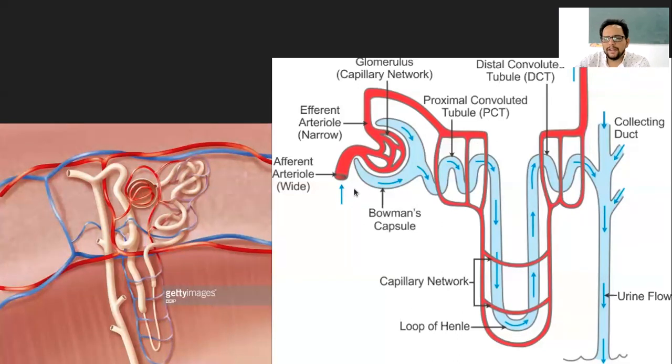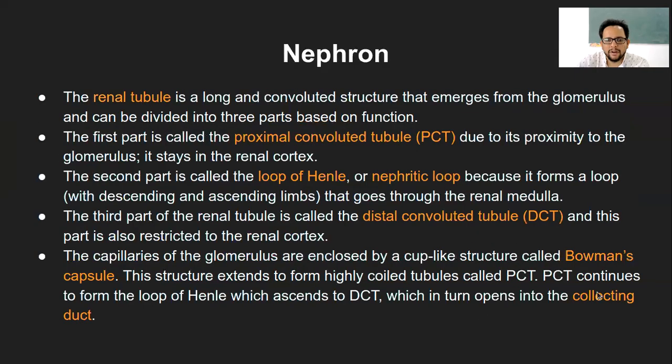And like I said, the whole of this structure, upper one, that is glomerulus, PCT, and DCT, is within the cortex, and loop of Henle is within the medulla portion of the kidney. So that's just the basic information of the whole of this structural aspect.